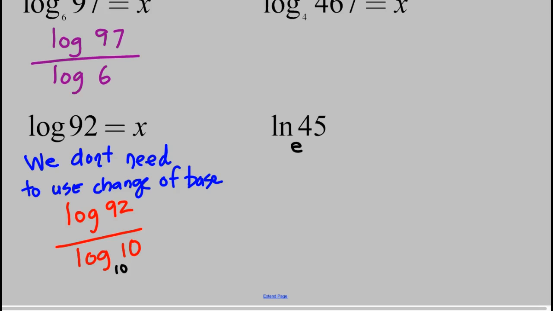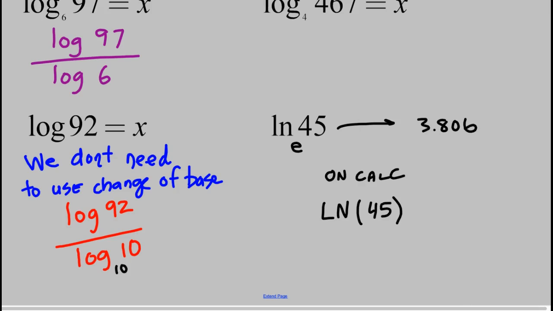All right, so there will be a natural log button on there, and the natural log button will have a base of E. So you just type this in your calculator, natural log 45, and that will tell you whatever you need to know. On Calc, ln 45, was it? 3.806, ka-chow.